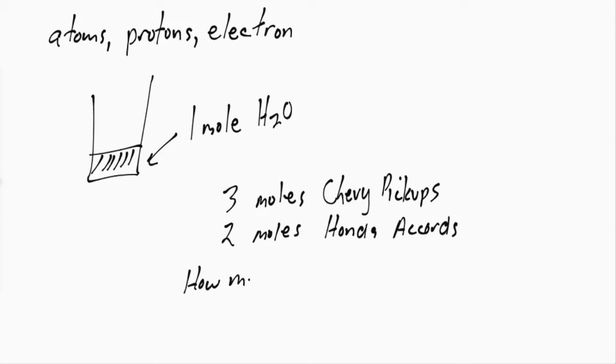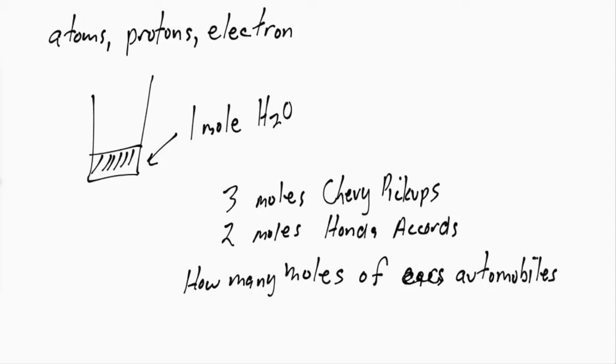How many moles of cars, or not cars, let's say automobiles, right? Let's be careful. Automobiles. How many moles of automobiles are represented by 3 moles of Chevy pickup trucks and 2 moles of Honda Accords? That's the first question I'm going to pose to you.